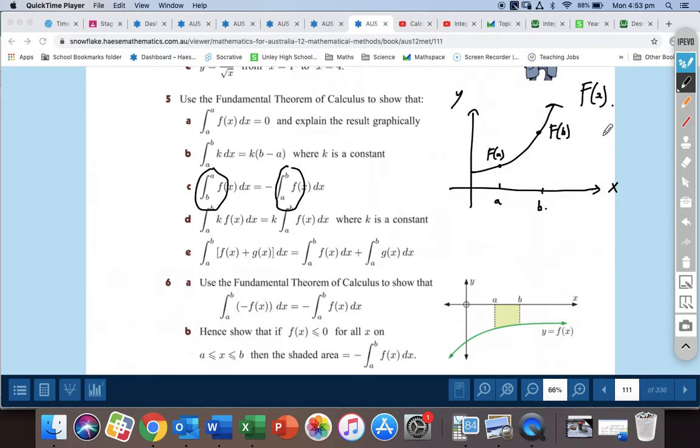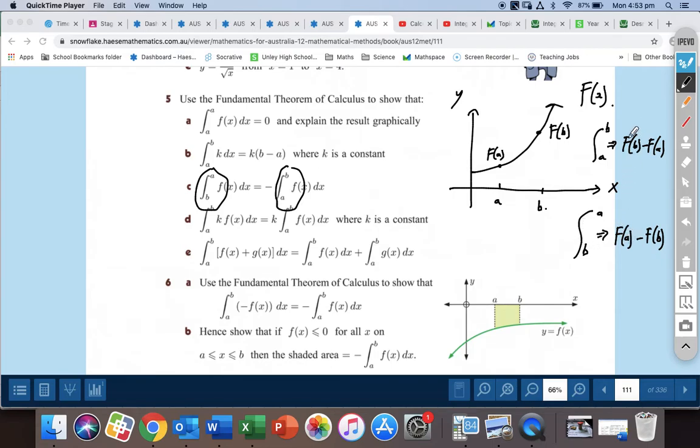So effectively what we're saying is if we're going from A to B, it follows that we've got capital F of B minus capital F of A. But if we were going from B to A, it follows that we'd have capital F of A minus capital F of B. Yeah?